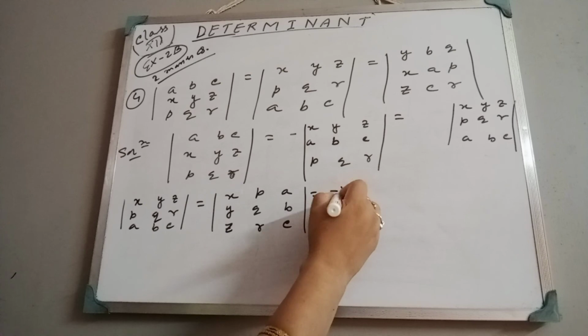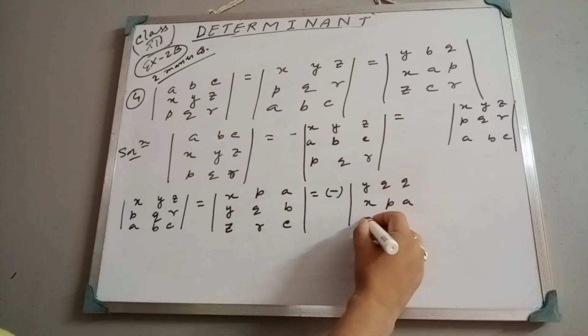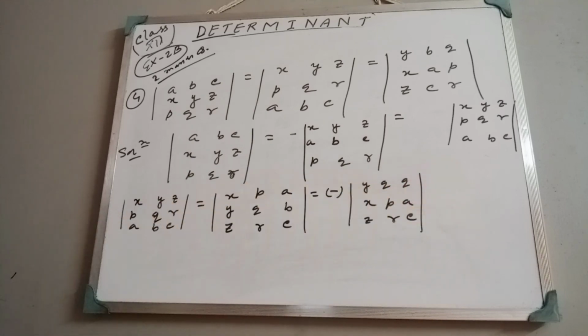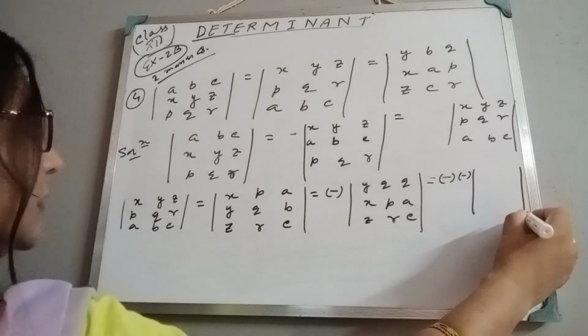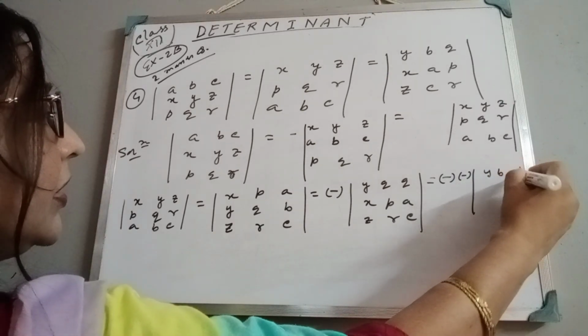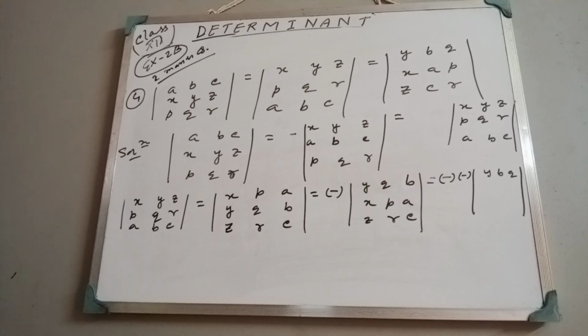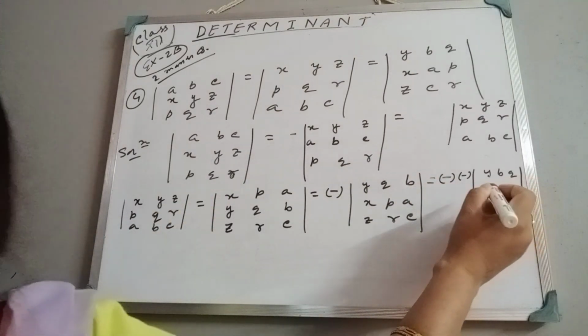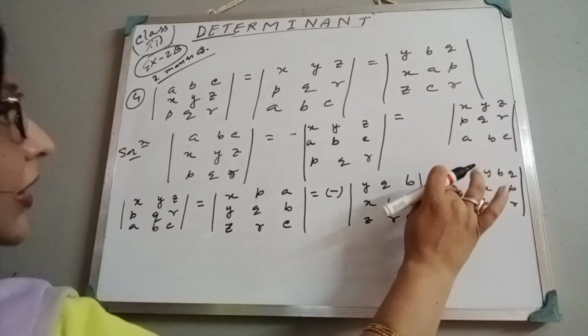Then again take minus, we will write Y Q B, X P A and Z R C. And same thing here, so again minus into minus, then ultimately we have Y B Q, then A P, Z C R. Then again minus into minus comes plus, so no need to write here.